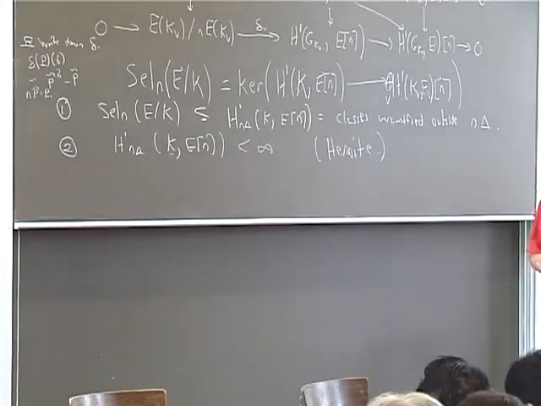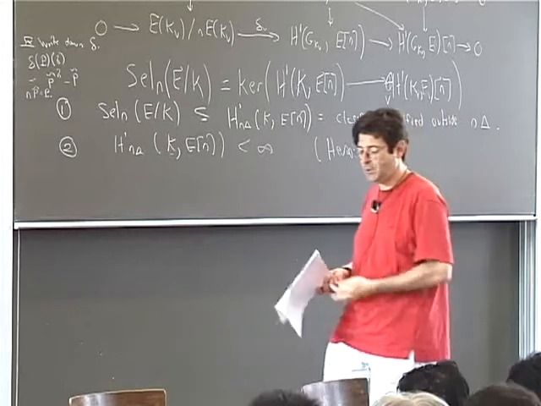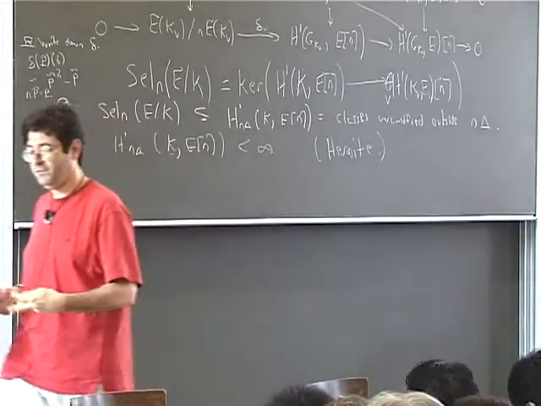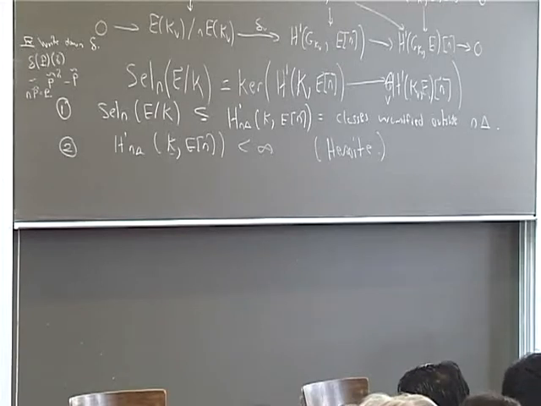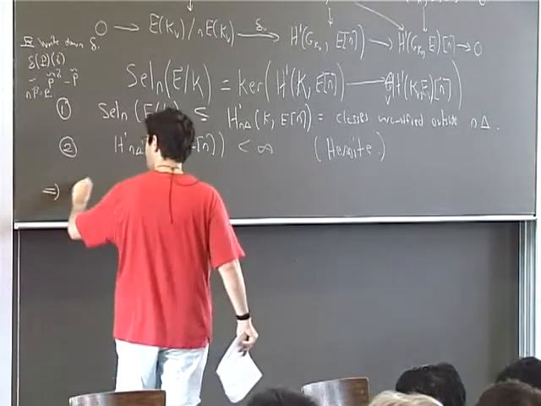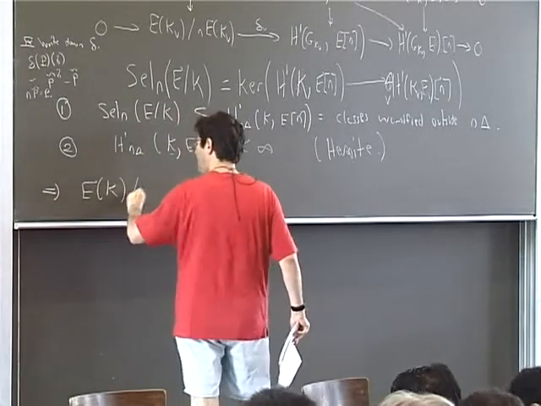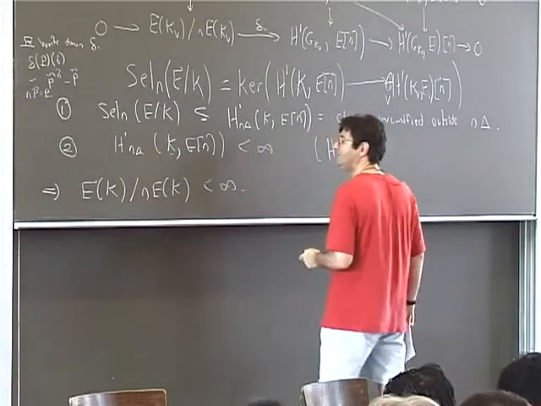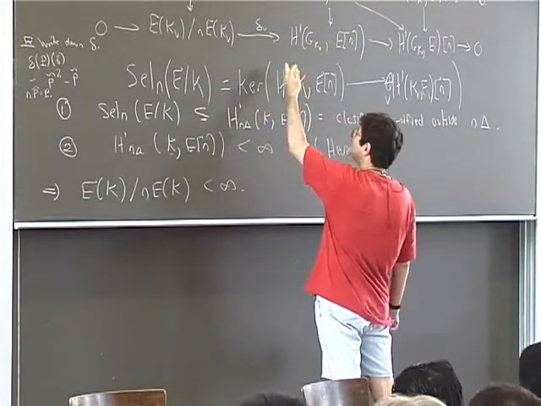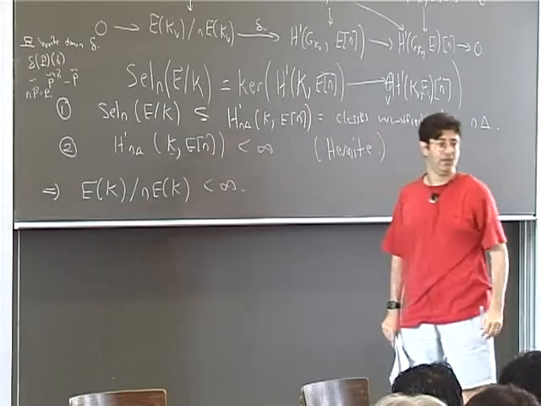These cocycles essentially correspond to finite extensions of the field of N-division points with bounded ramification, and so there have to be finitely many of them. That's the flavor of the argument, and that leads to the conclusion that E(K) mod N E(K) is finite. So we've done this by embedding into this Selmer group, which is this Galois theoretic object.